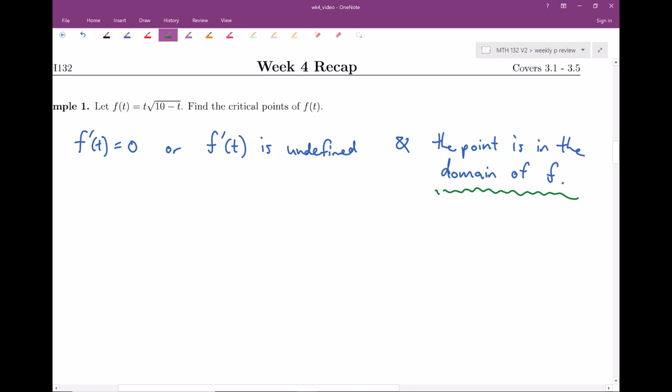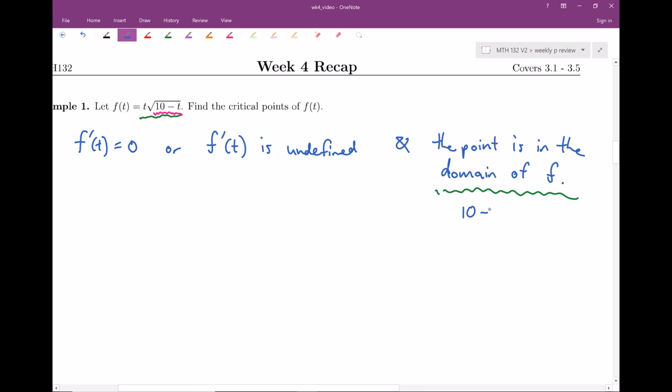In this case, if I look at my function over here, I don't see any division, so I don't have to worry about dividing by 0, but I do see a square root. And so that's got me concerned. I don't want to put negatives in that square root. So let's isolate the piece that we're actually plugging into the square root, 10 minus t.